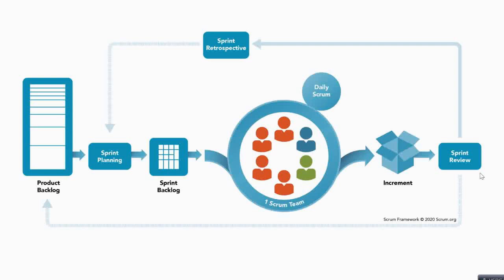They have the sprint retrospective and sprint review: what went good, what could have been improved. If something went wrong, or they haven't accomplished something within a particular sprint, they will put that back in the backlog. And this is a cycle that goes on.